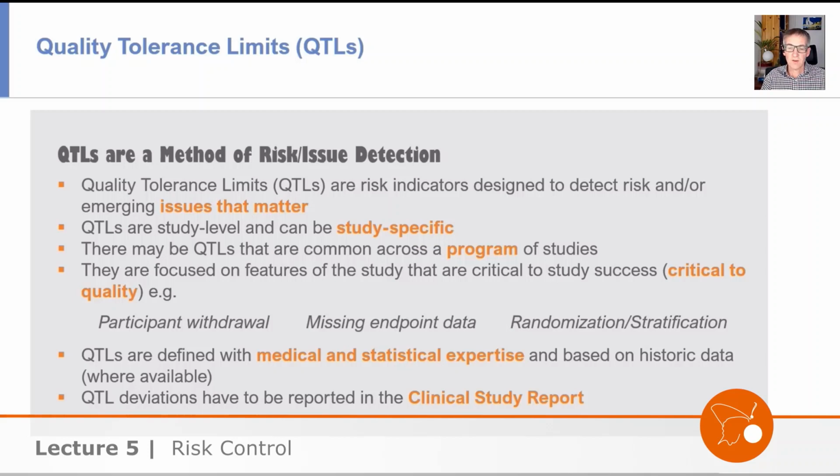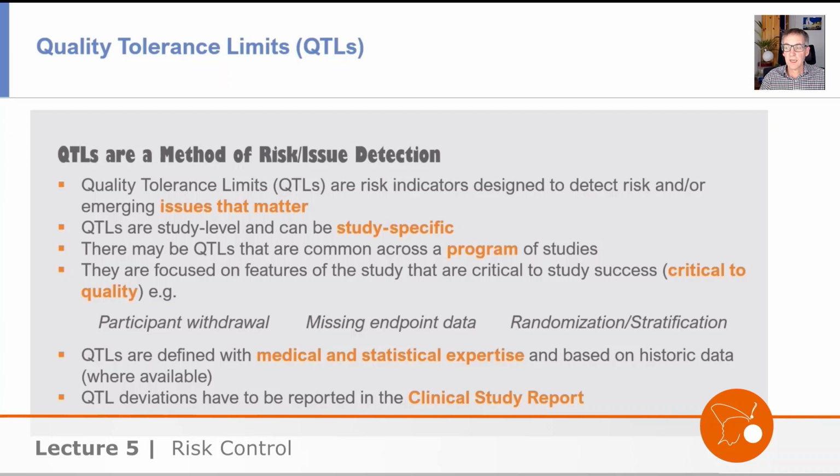So as you can see, as I've described those, they would typically be defined with both medical and statistical expertise. So the statistician will be able to say, if this particular data is missing, or this proportion of it is missing, or if we don't have enough participants, or this proportion of participants withdraw, then we're likely to have a problem, and in particular a problem in submitting it to a regulator.